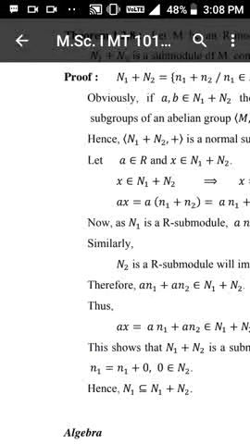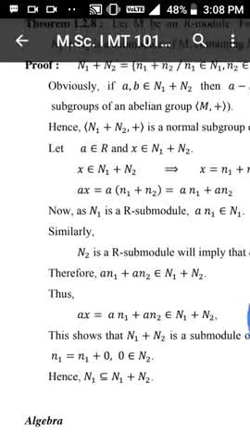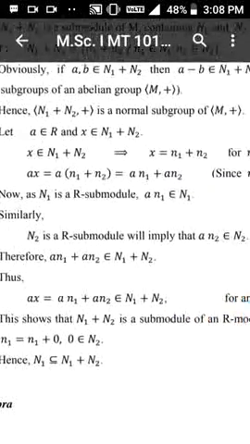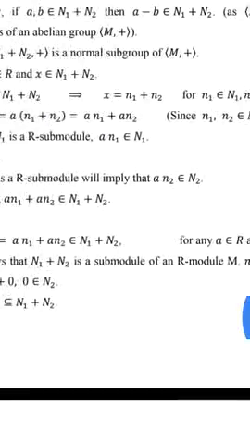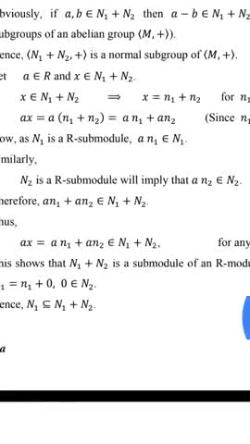Let a belong to R and x belong to N1 plus N2. This implies that x is equal to n1 plus n2 for n1 belonging to N1 and n2 belonging to N2.